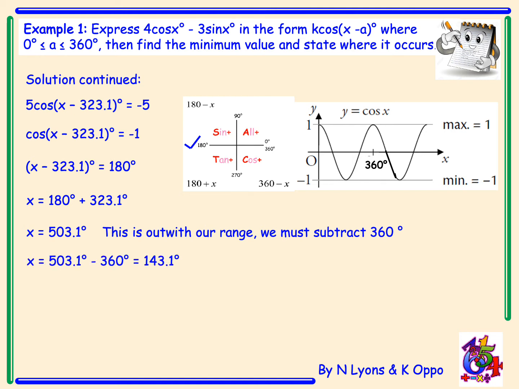So the minimum value occurs at 503.1. If we take away 360, that will give us an answer of 143.1 degrees. So the minimum value has a coordinate of 143.1 degrees, minus 5.